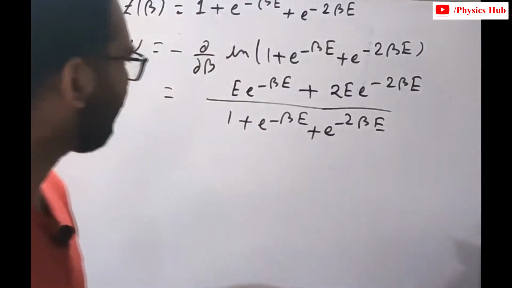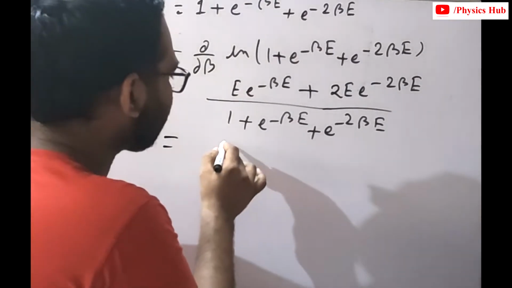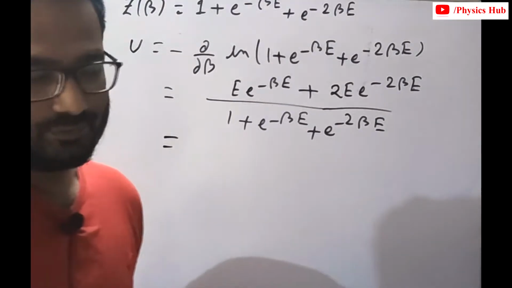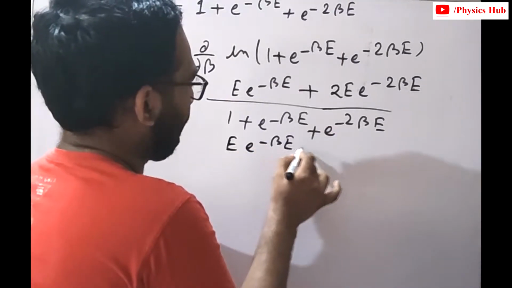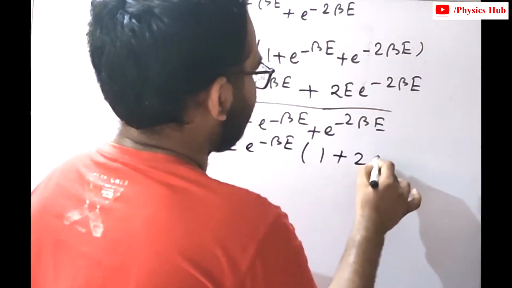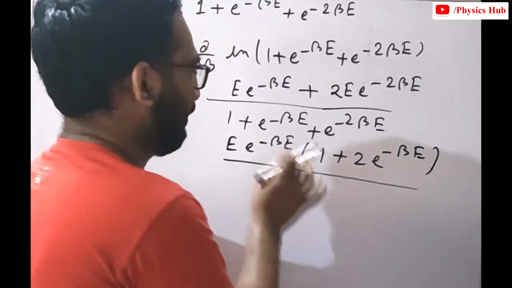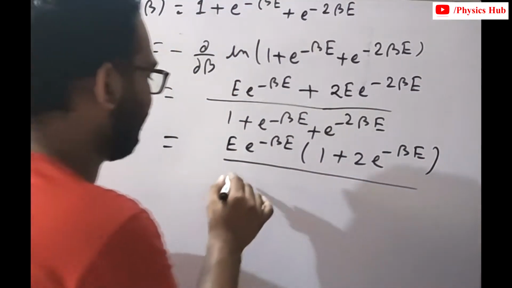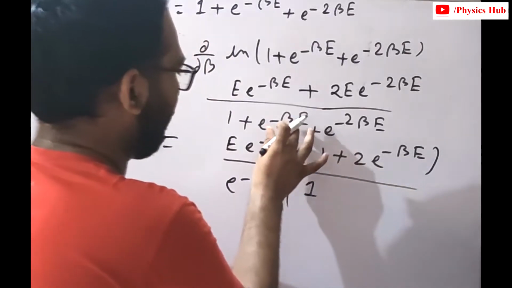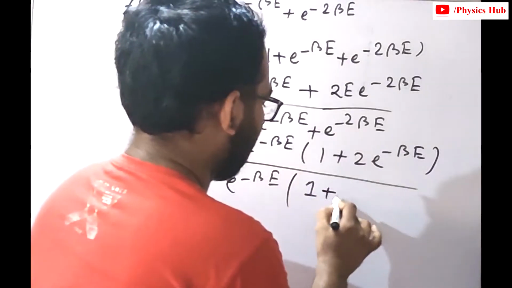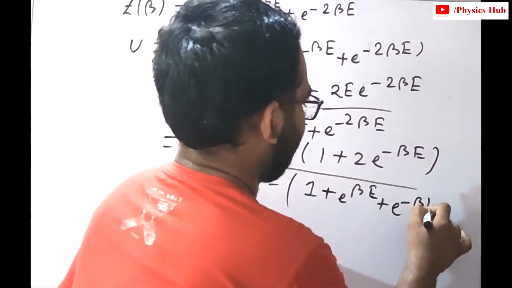So what can we do now? We can take e to the power minus beta E common. So it becomes 1 plus twice e to the power minus beta E. And in the denominator also we can take e to the power minus beta E common. Then it becomes 1 from the first term, e to the power plus beta E from the second, and e to the power minus beta E remains.